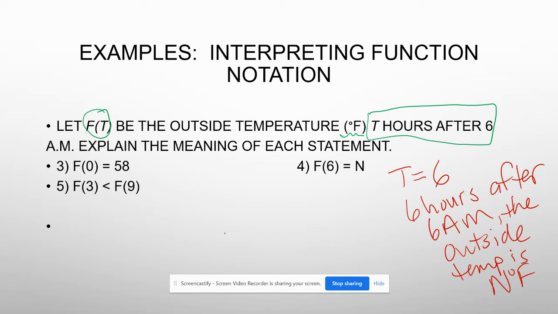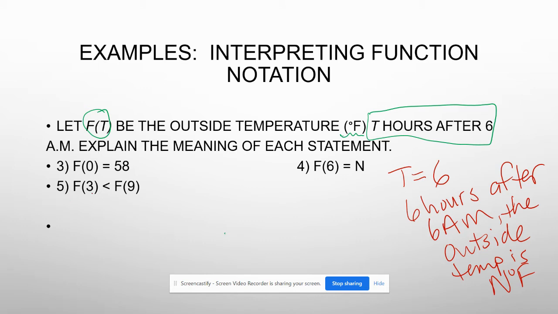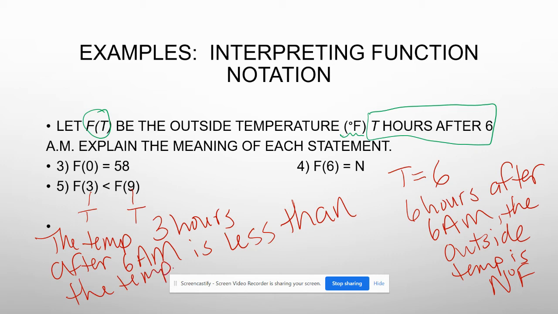And the last one, we have f of 3 is less than f of 9. Remember, this is t, or time, t hours after 6 a.m. So the temperature 3 hours after 6 a.m. is less than the temperature 9 hours after 6 a.m., which makes sense here in the desert.